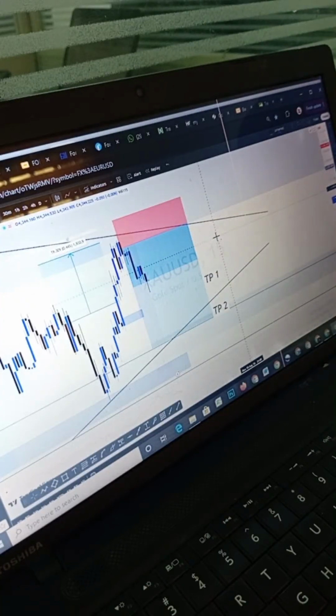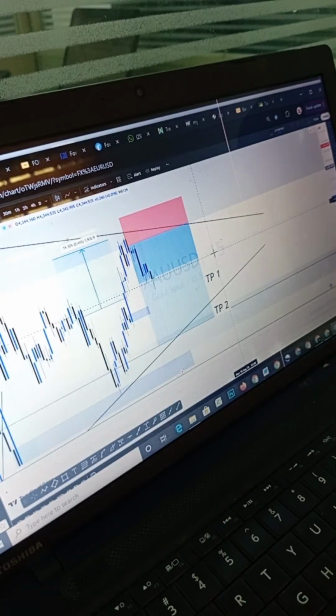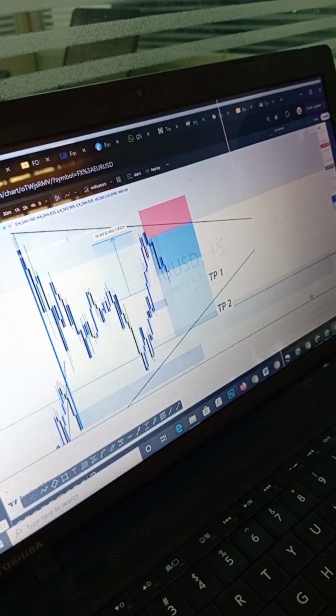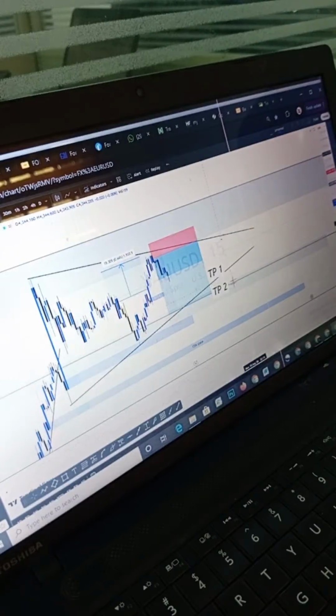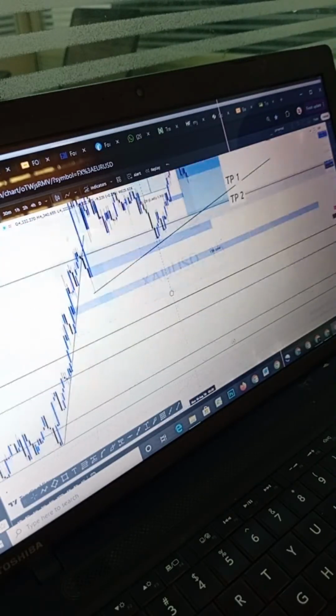So overall, while our trade is playing out, we keep doing our analysis also. I have a couple of zones I marked out here.